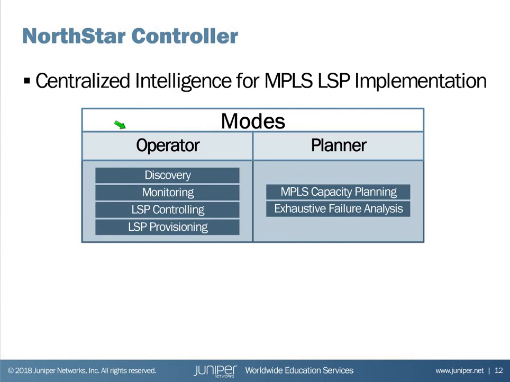And the operator mode of the NorthStar controller can discover your network, all the links, all the nodes, all the tunnels, all the traffic, all the demands, all the routes, right? And it gathers that information and stores it on the controller. And then it can use that information when it comes time to optimize the forwarding paths on your network or create new forwarding paths on your WAN.